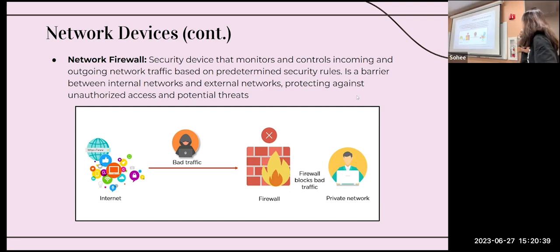And then we also have a firewall. You might be thinking, hey, I have a firewall on my computer, like Windows firewall, right? But that's a software firewall. There are also dedicated network devices that are firewalls, a physical device. Basically it's a security device that monitors and controls incoming and outgoing network traffic based on security rules that network administrators can configure.